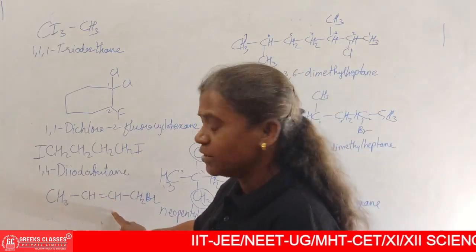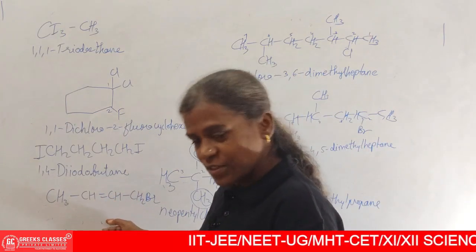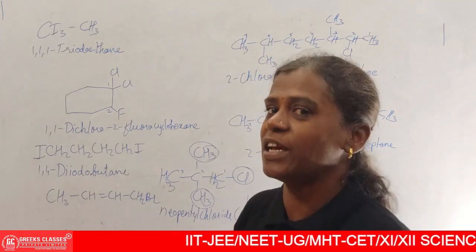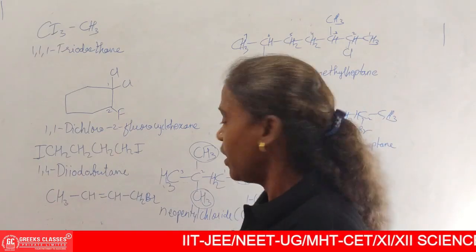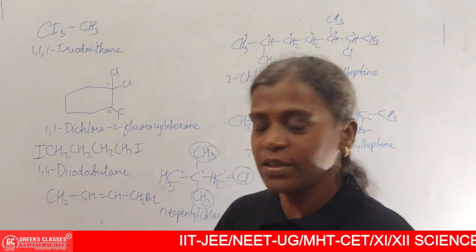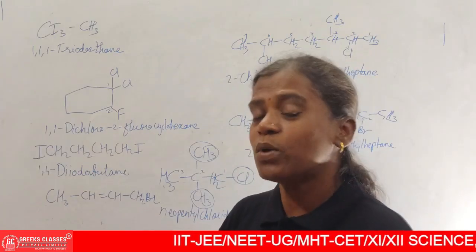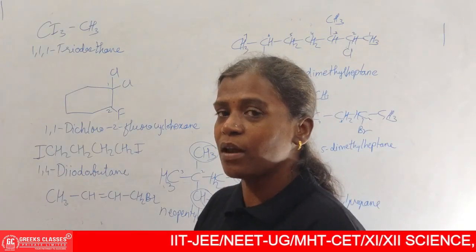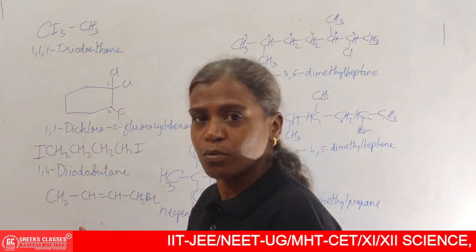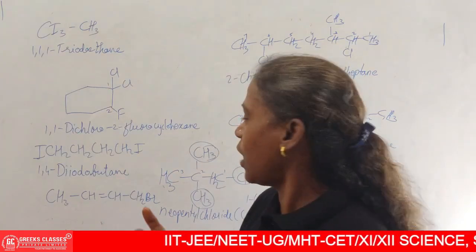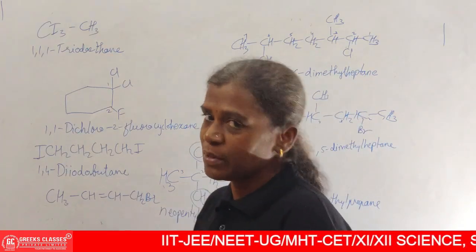Yes, correct, it is allylic. Very good. Now, how many carbons is it covering? There are 4 carbons. That's right. What will be the position of the bromine? Carbon number 1. And what about the double bond? It will be carbon number 2.